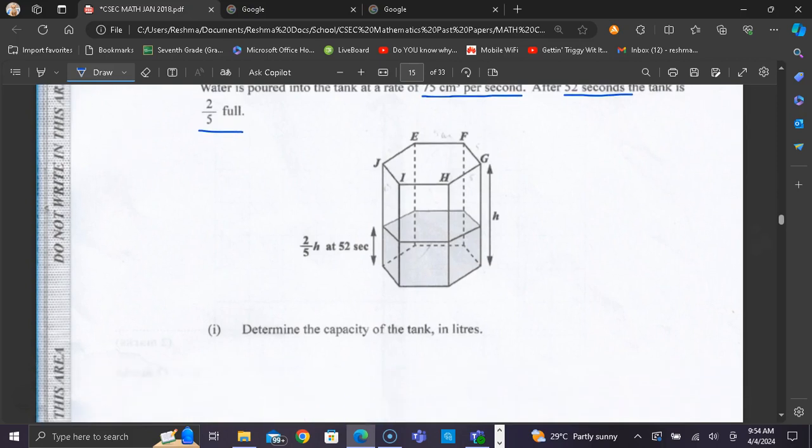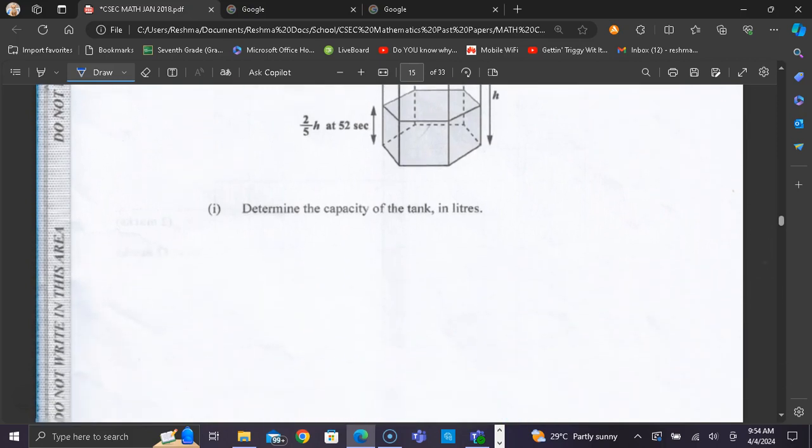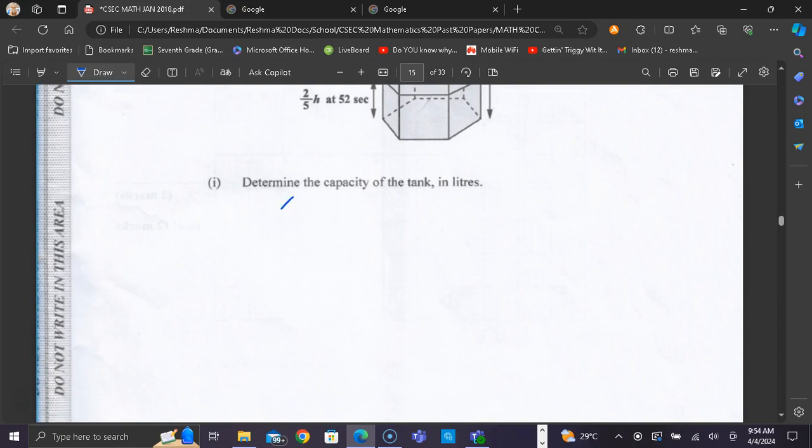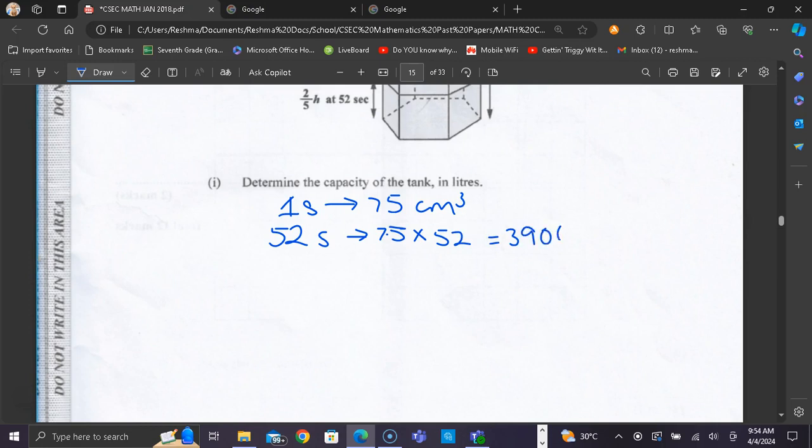Okay, so that rate of 75 cubic centimeters per second means that in 1 second, there is 75 cubic centimeters of water going into the tank. So therefore, if we find the volume of water going in the tank after 52 seconds, that should be 75 times 52, which would give 3,900 cubic centimeters.